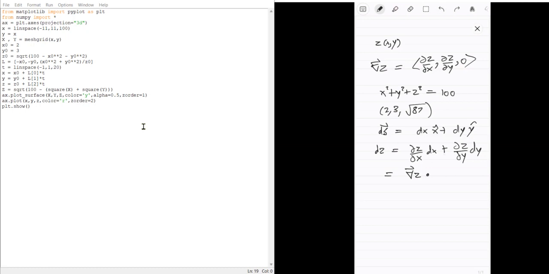So I'm going to write the ds vector as ds, just the length, times the unit vector. So you can, of course, from this equation write that dz upon ds is equal to the gradient of z dotted with the direction, so the unit vector.